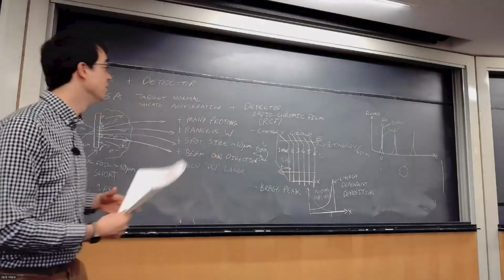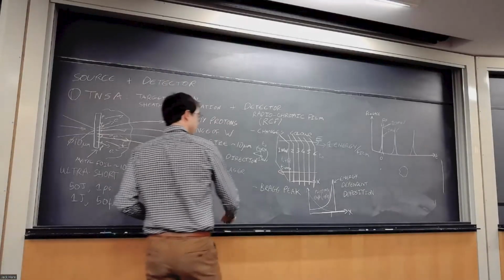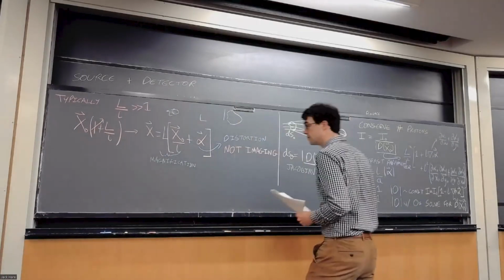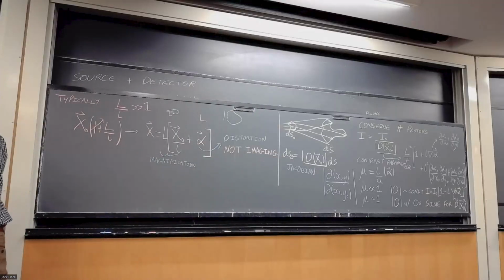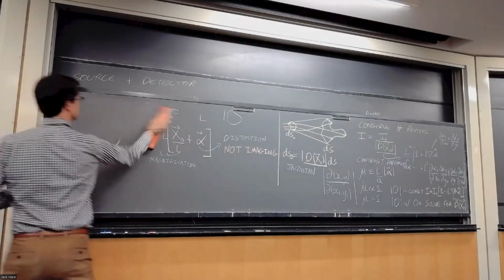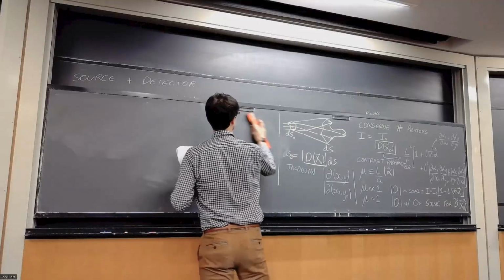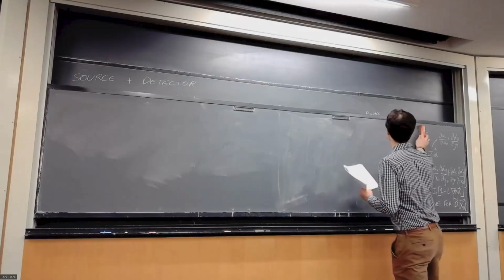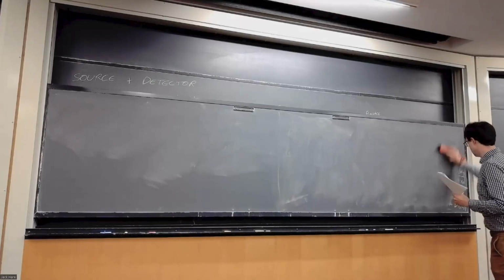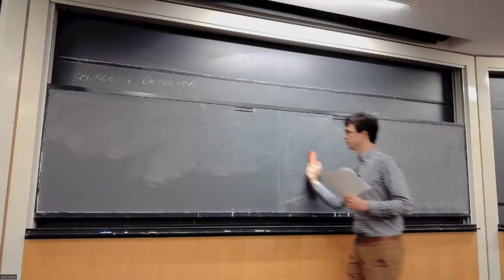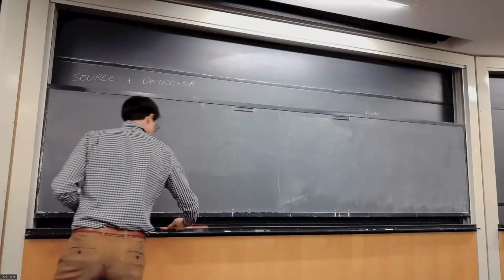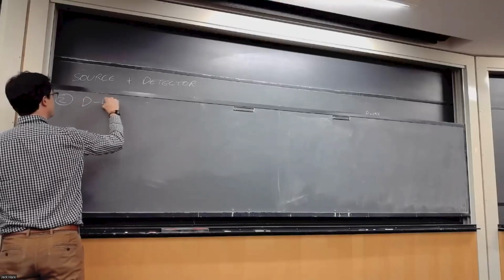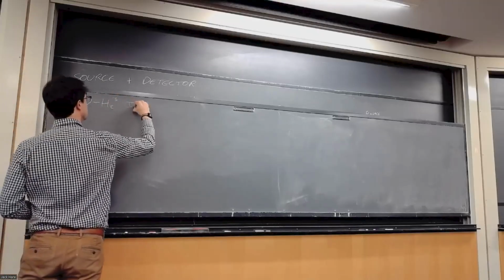Okay, let's talk about this second method, which is an imploding capsule. The second method would be, for example, a D-helium-3 implosion.